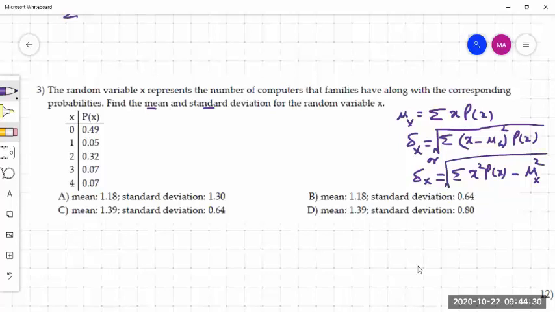So there are these two alternative equations for the standard deviation. Let's first do the mean.